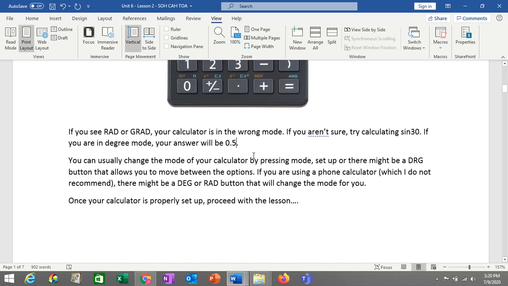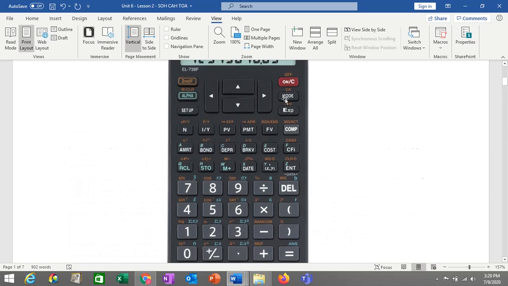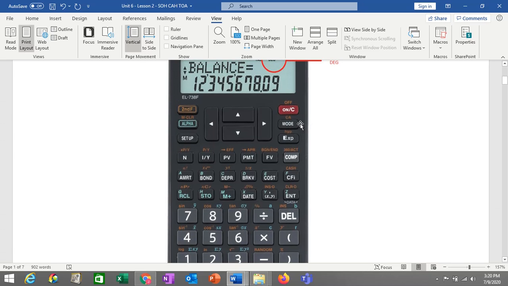So how can you change it? Unfortunately, this is hard to generalize because different calculators do it differently. Some calculators, if you hit the mode button, will have an option of maybe 1, 2, or 3 for degrees, radians, g-radians. You might have to go further down a menu, maybe 4, 5, and 6, but it might be in mode, or potentially in setup.